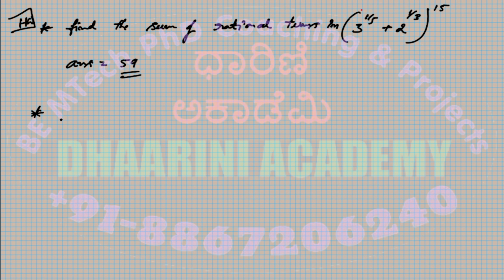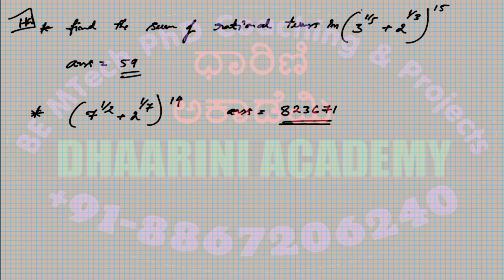Find the sum of the rational terms in (7^(1/2) + 2^(1/7))^40. So the answer is 8267. Right.